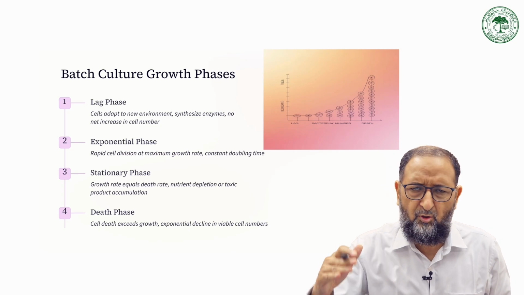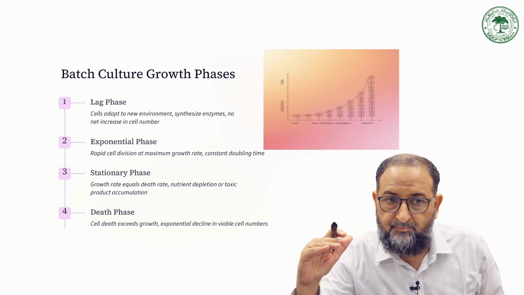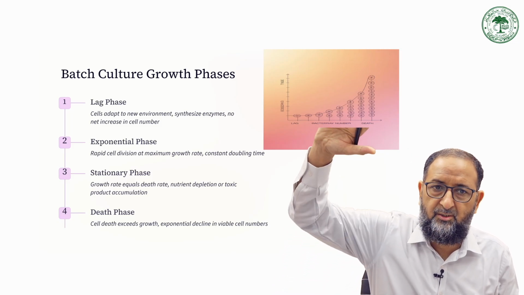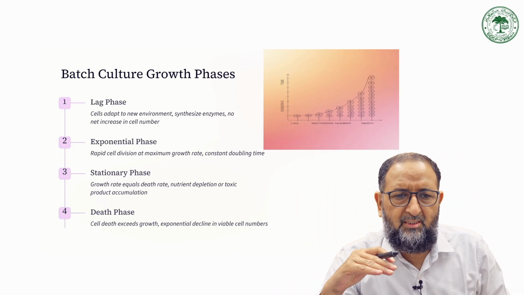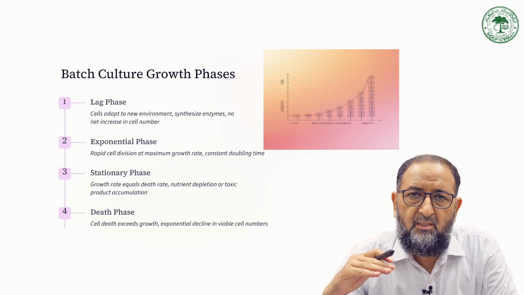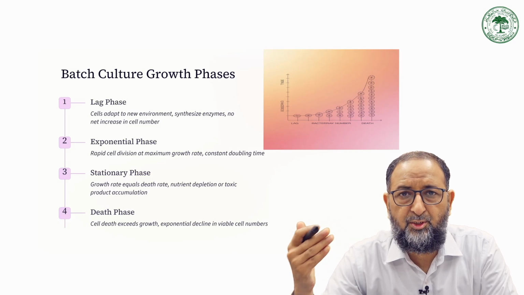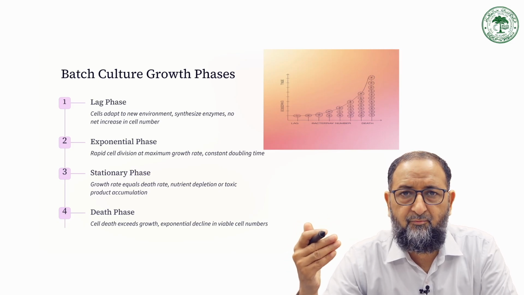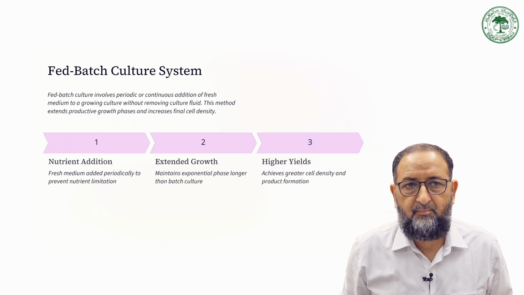This is called the lag phase, as I have already defined in the growth curve earlier. Then the exponential phase comes, with a logarithmic increase of the cells. Then the stationary phase comes. In the stationary phase, the cells stop growing because of the depletion of nutrients. Then, of course, when the nutrients are completely exhausted, death takes place.